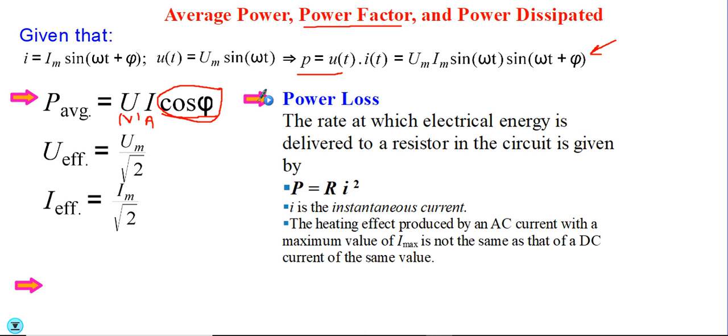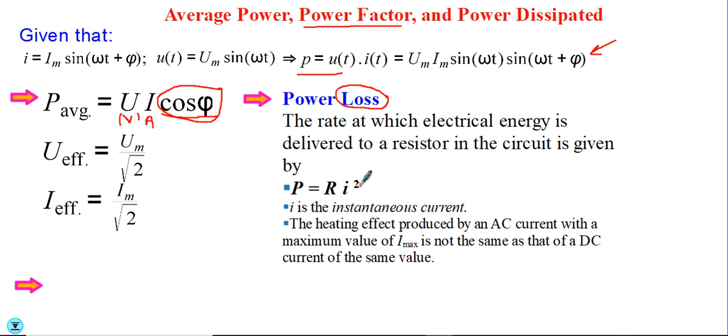However, what is the power dissipated, or power loss, as we sometimes call it? It is the rate at which electrical energy is delivered to a resistor in the circuit, given by R i squared, and it will convert the electrical power into thermal power or light or any other form of energy.